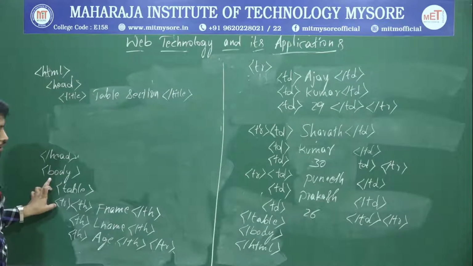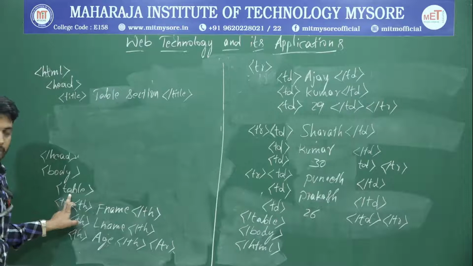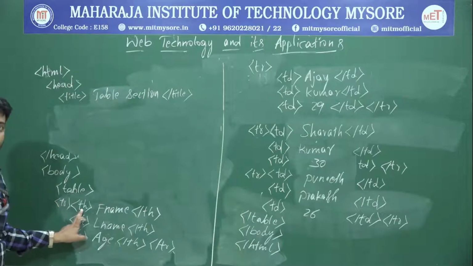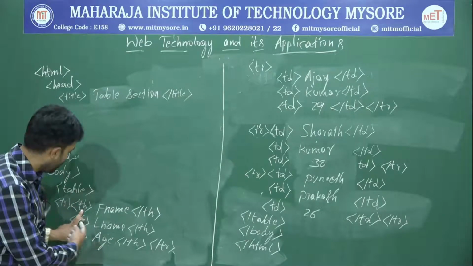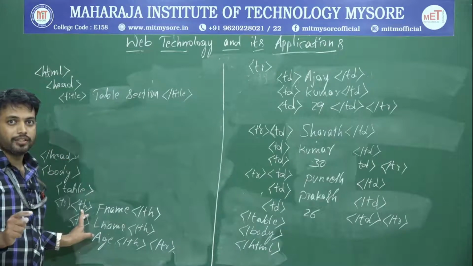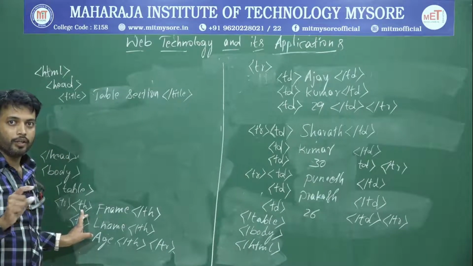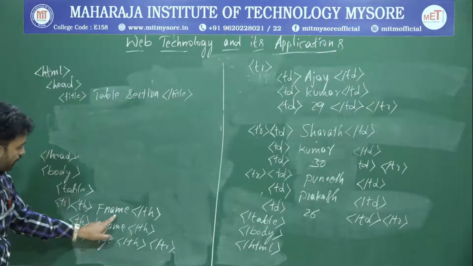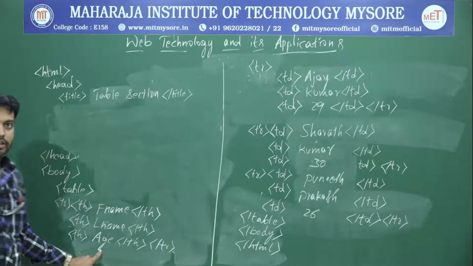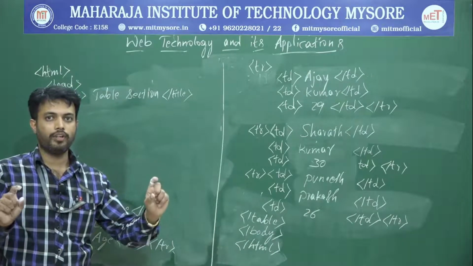Next is body, and within that body I have created a table. The first row is the heading row, because I am using th. In that heading row there are f name, l name and age. These three are the headings of the table.